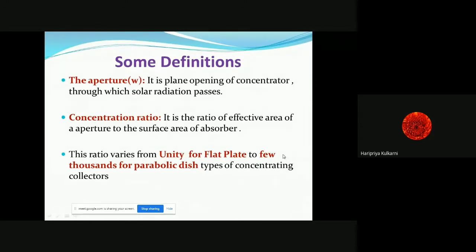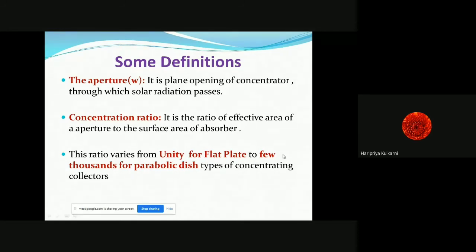If we make a specific shape of mirror, then we can change the opening. How much opening we are providing, how much aperture we are giving, and how actively we are using the solar material will decide the concentration ratio. The higher the concentration ratio, the better the efficiency. So we want to have a higher concentration ratio.